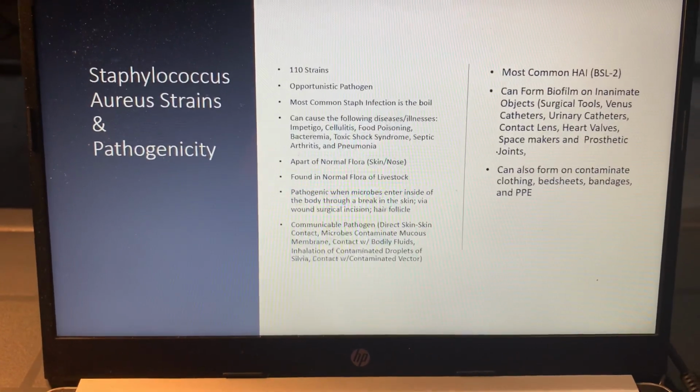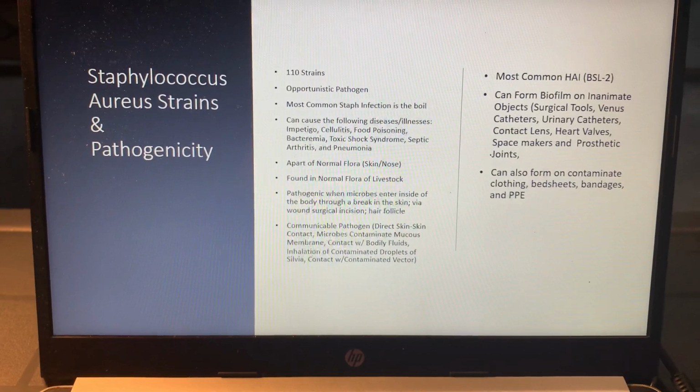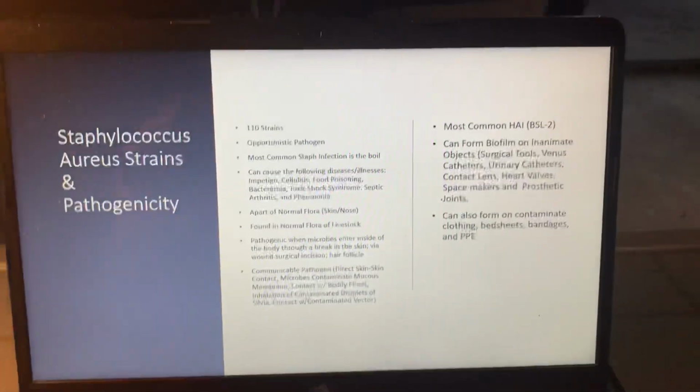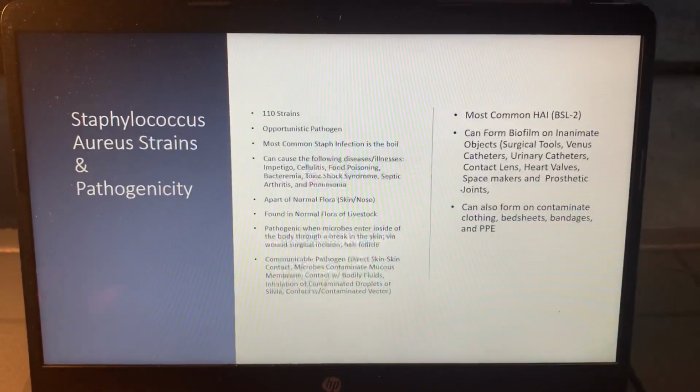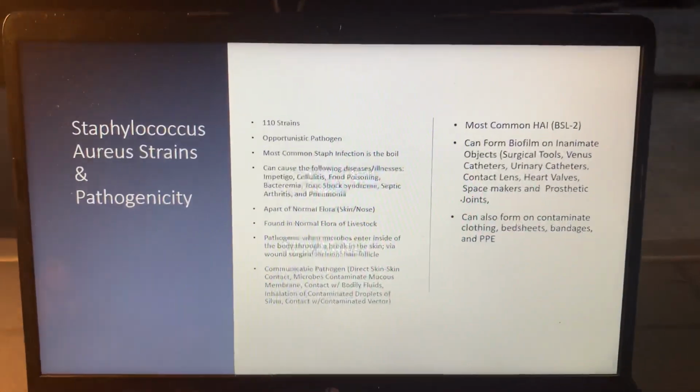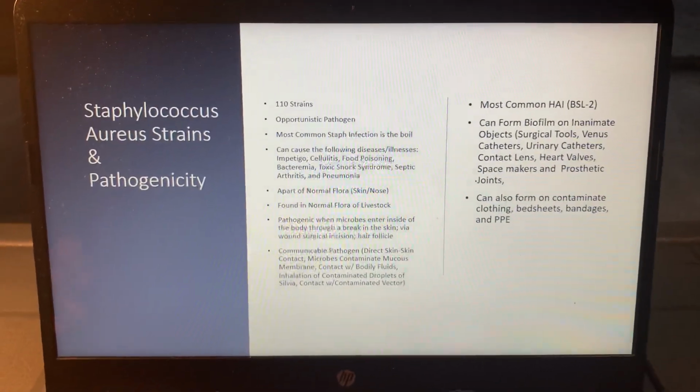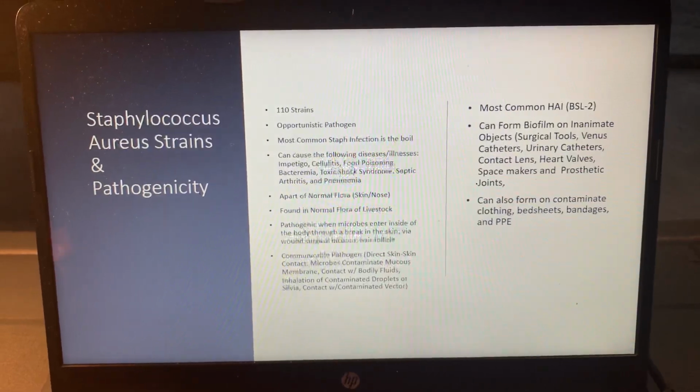It could be bed sheets, bandages, things of that nature. It is the most common HAI, or healthcare-associated infection.